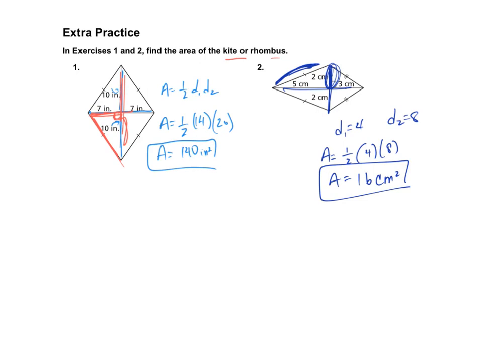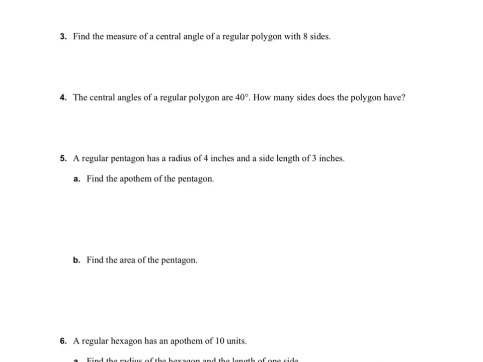All right, let's move on to the next problem. It says the measure of the central angle of a polygon with 8 sides. So the way we could do this is, you've got to remember, since this is a regular polygon, I'm just drawing part of a polygon, and I have this as my central angle.